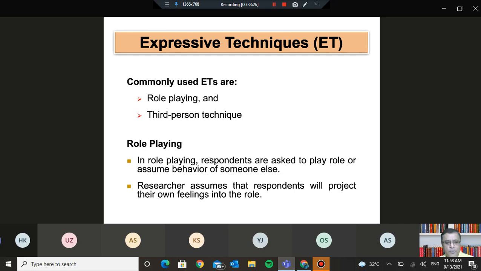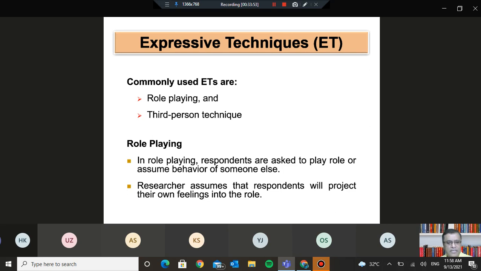The commonly used expressive techniques are role playing and third person techniques. What is role playing? In role playing, you expect the respondents to play some kind of role, or assume the behavior of others, just like what happens in movies or in a drama that you are witnessing.